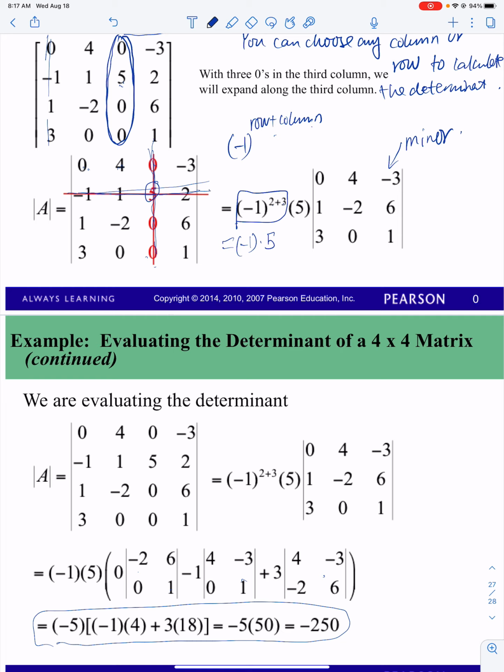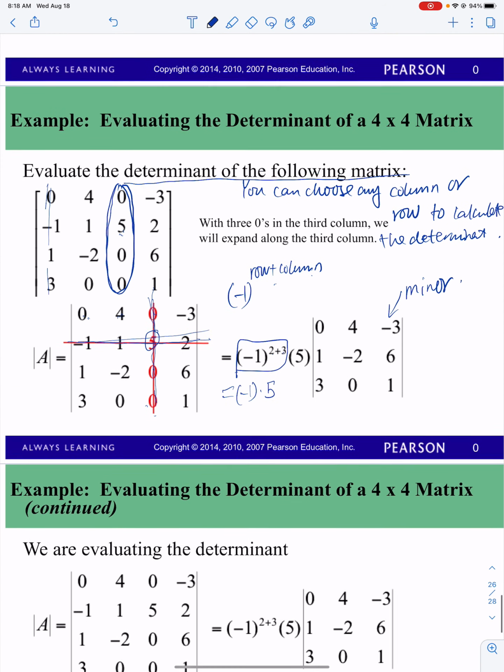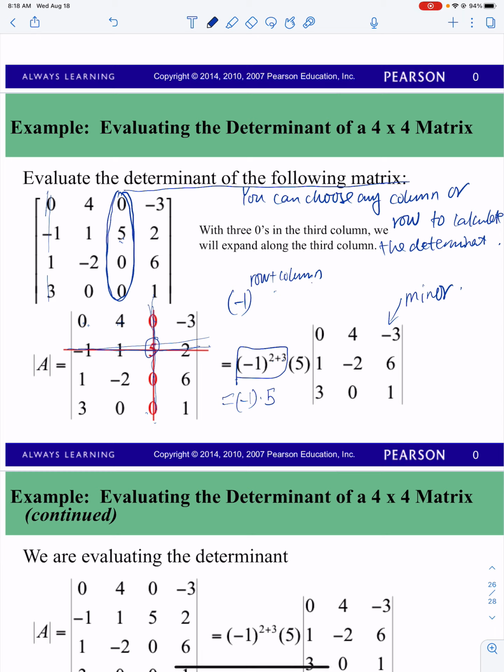So for an n by n matrix, how could you calculate the determinant? Use this formula to reduce it to a sum of a bunch of n minus 1 by n minus 1 matrices, then reduce one more, until you reduce to 3 by 3 and then 2 by 2. Are you with me? Then you can calculate it. And this process is a repeating process.